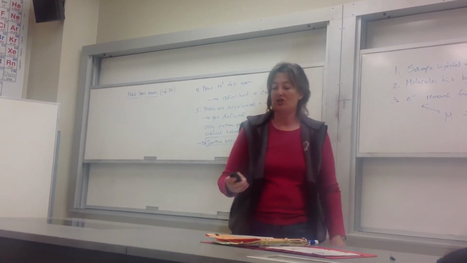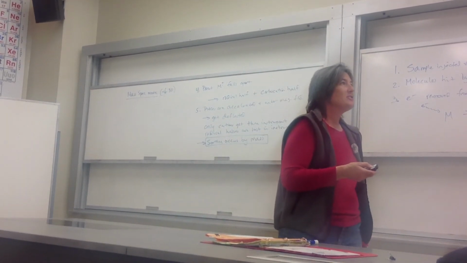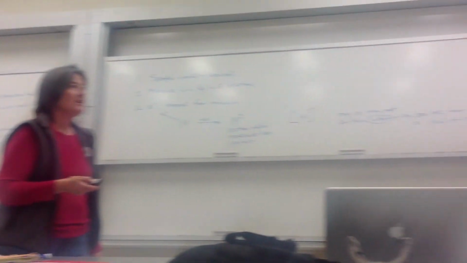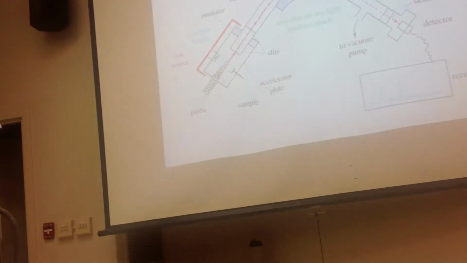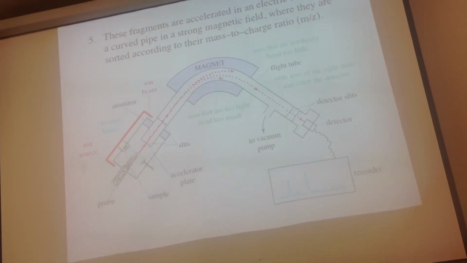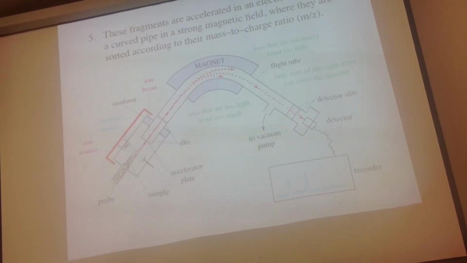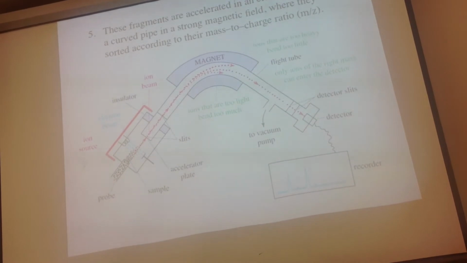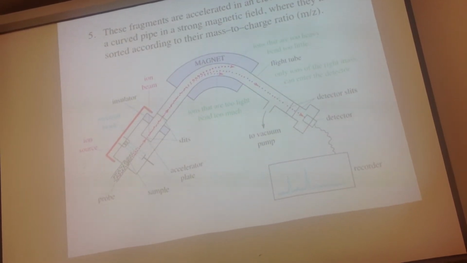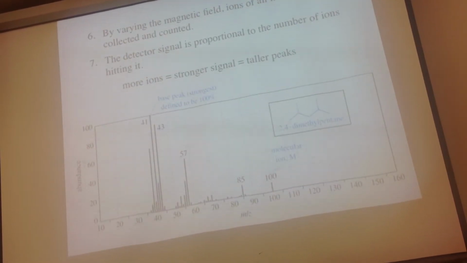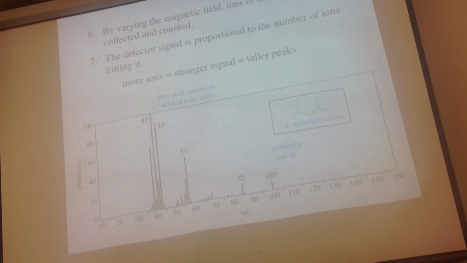These fragments shoot through based on their mass, the correct mass comes out, and then the minute the magnet strength is changed, what was the correct mass is no longer correct, and it's hitting the walls, and something else is coming through in the beam. So there's a variation that goes on there. By varying the magnetic field, ions of all the masses are collected.